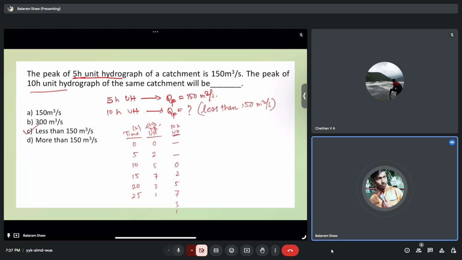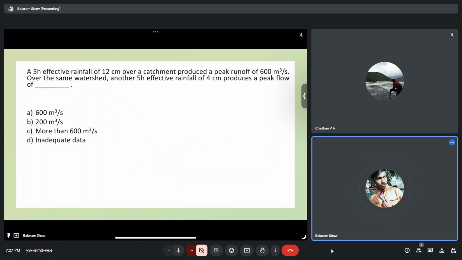So the correct answer will be C, less than 150 meter cube per second, because we have the proportionality principle. Just use that in the formula.